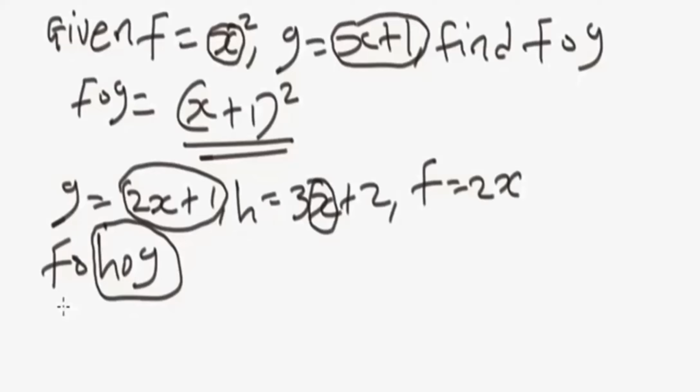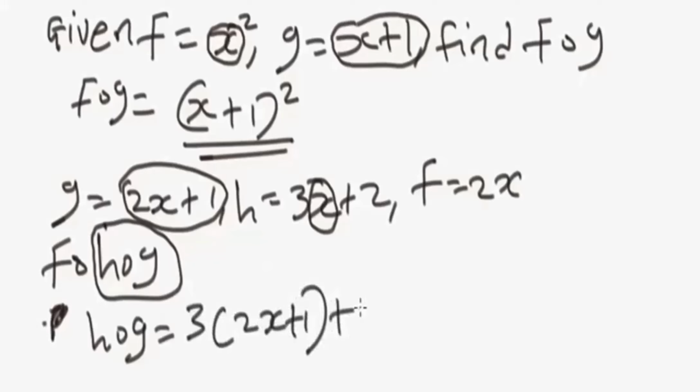So when you do it, your h of g will be, when you do the math, 3 in bracket 2x plus 1, plus 2. So when you simplify this, you are going to have 6x plus 3, then plus the 2 standing here.